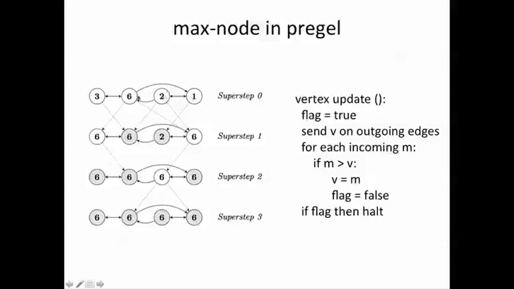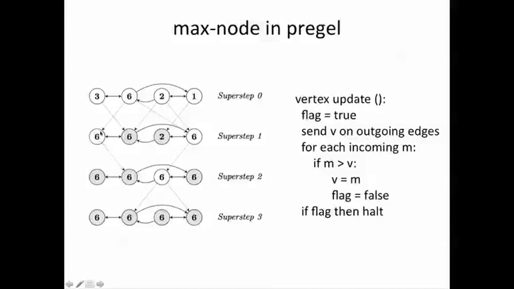But 1 gets 6, so it changes. So 6 and 2 did not change, and therefore they halt, so they are shown as shaded. Vertices 1 and 4, however, are not halted, so they have to propagate their value in the next super step. They are actually going to send the value on the outgoing edges.